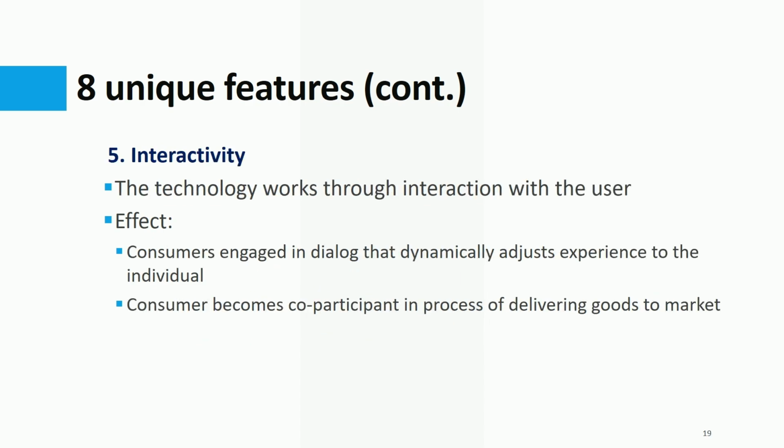The next feature is called interactivity. E-commerce is different from the older technologies because it's interactive. This means people can communicate back and forth, like talking on the phone.